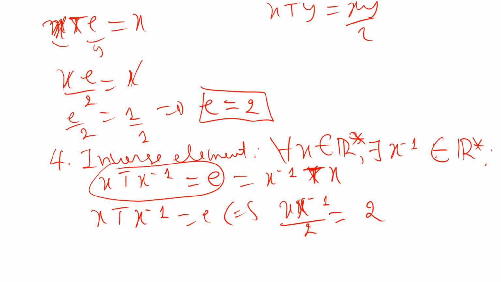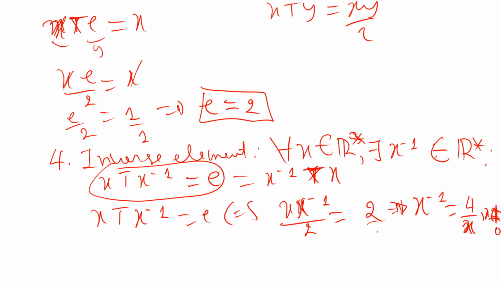Then you get, now we need x negative 1. x negative 1 is equal to 4 over x, with x different from 0.